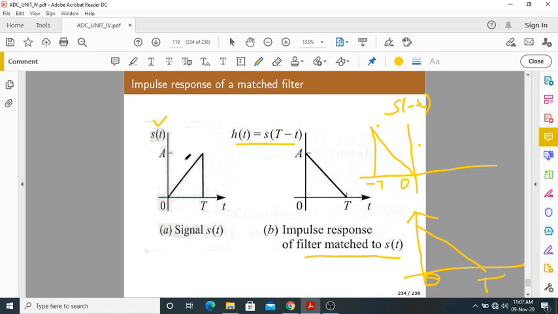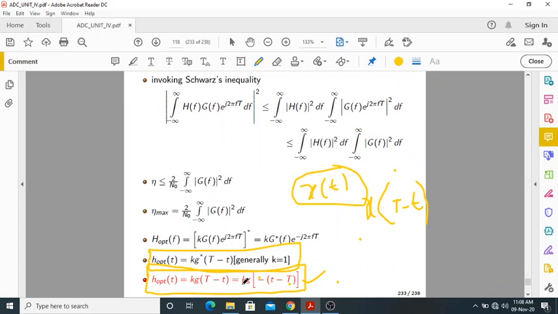So in the questions, they will give you the signal. They will ask you to find the impulse response of the matched filter. That simply depends upon the signal s of capital T minus small t. Here I have written G. No problem, G or S, it is just representation. So try to remember these things, very important.